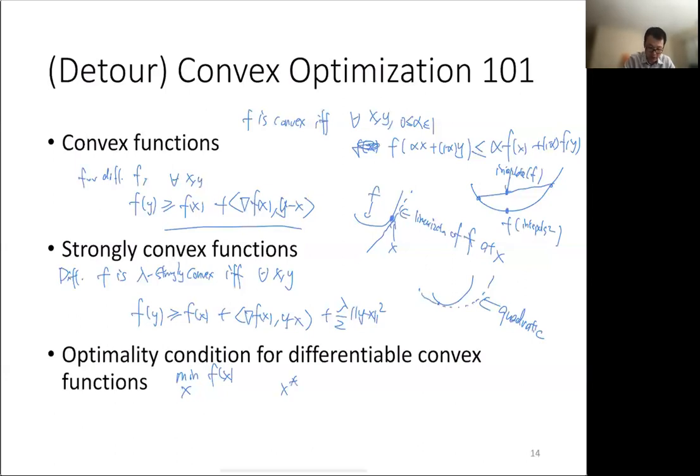So x star is a minimizer of this function if and only if the gradient of this function at x star is equal to 0. The right hand side is local information, but it implies that x star is a global optimal solution, and this is what makes the family of convex functions very nice. It describes a family of optimization problems that we can solve with numerical solvers very efficiently.